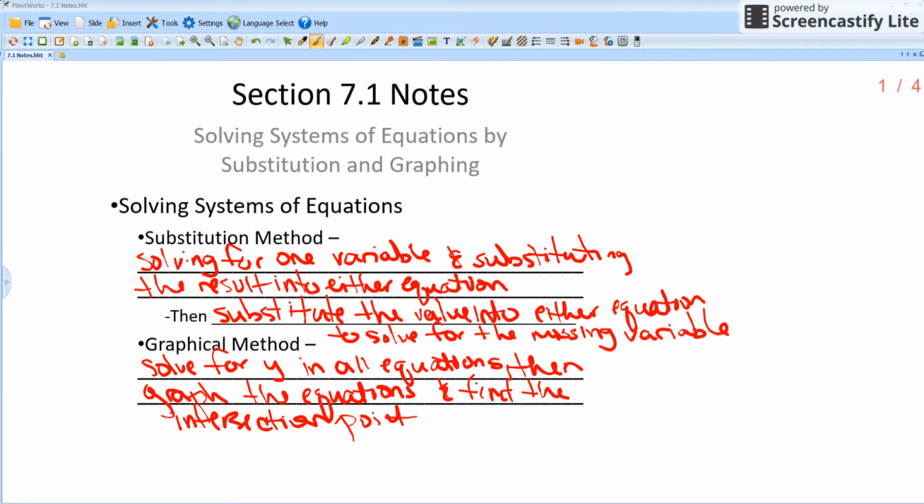So, substitution method, pretty algebraic in nature. It's going to be a lot more work. The graphical method, only downside, I got to solve for y first, and sometimes that's not really that easy.